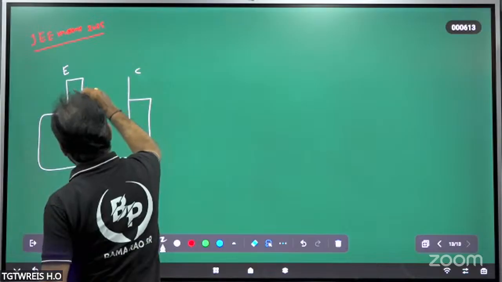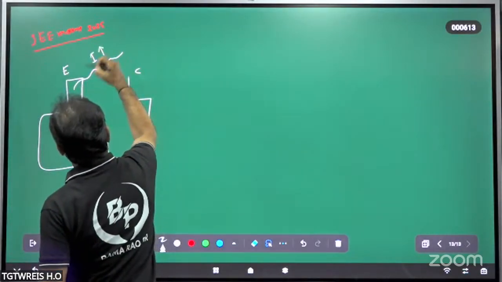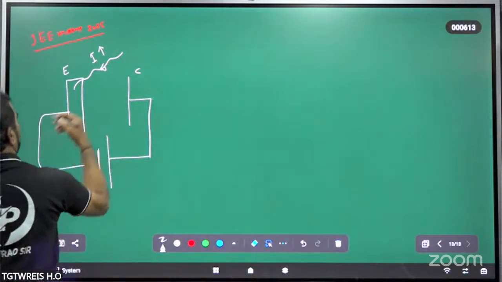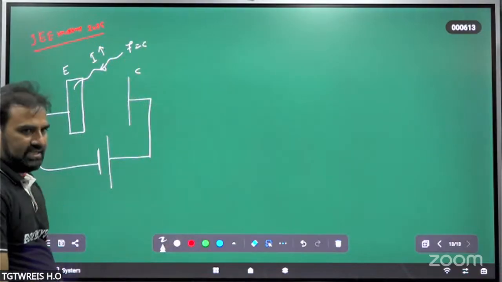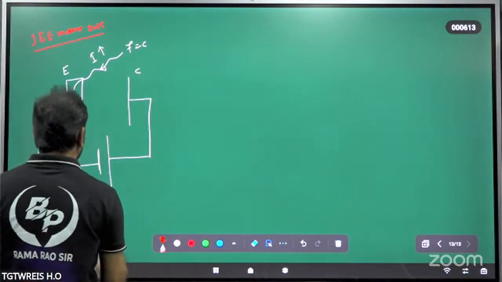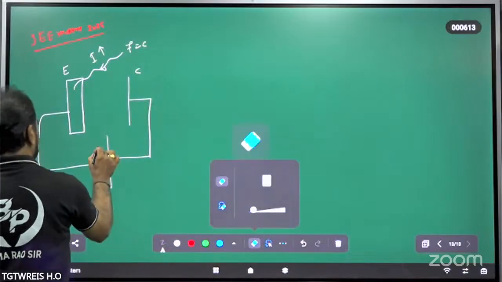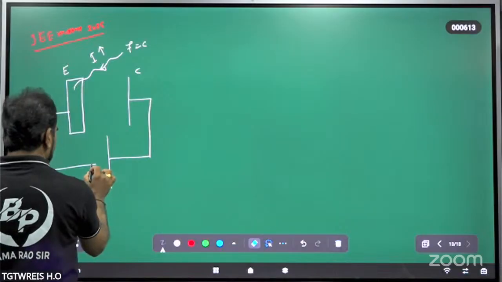So when the intensity of light is increased, keeping f constant, how would the photoelectric current change in the circuit?